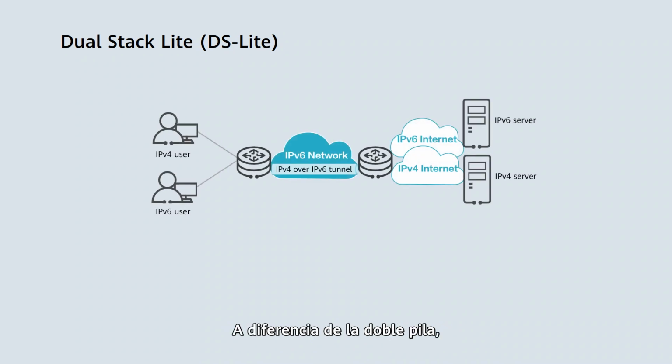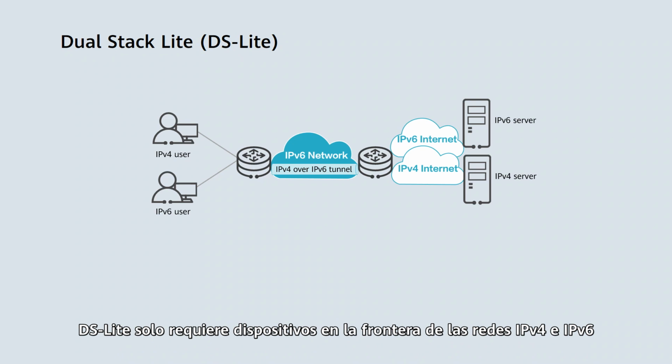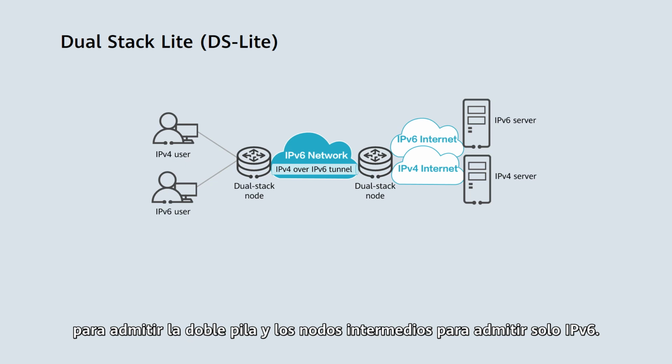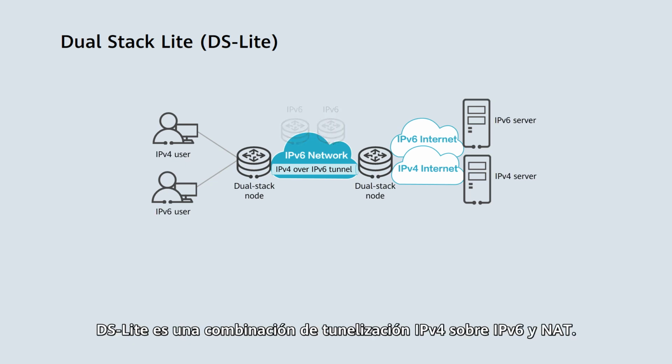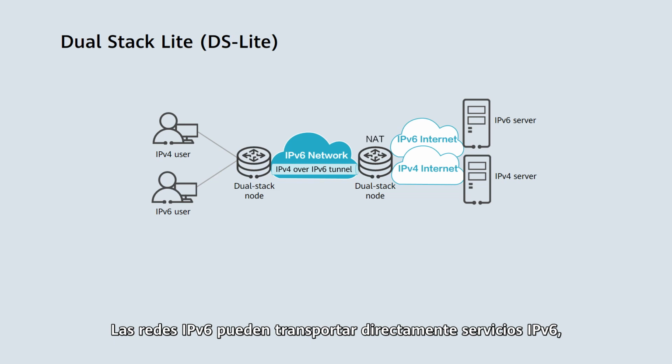Unlike dual stack, DS-Lite requires only devices at the border of IPv4 and IPv6 networks to support dual stack and the intermediate nodes to support only IPv6. DS-Lite is a combination of IPv4 over IPv6 tunneling and NAT.